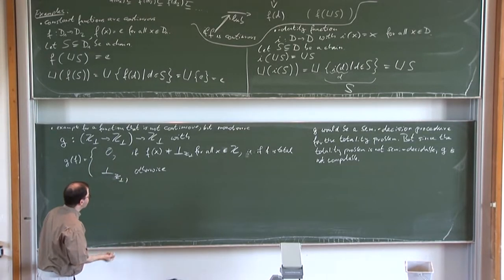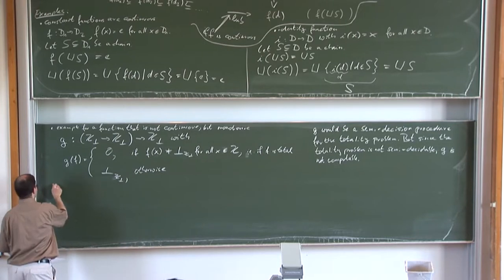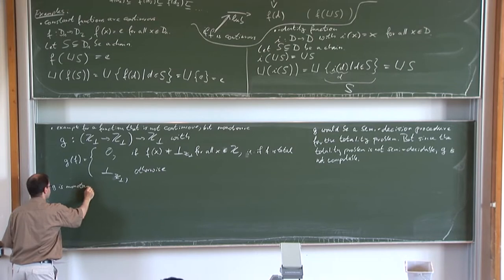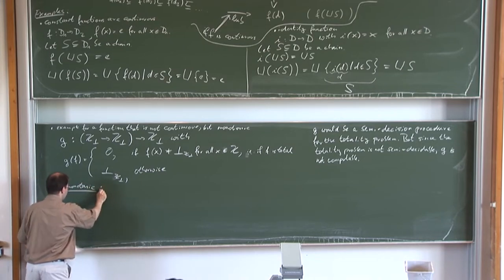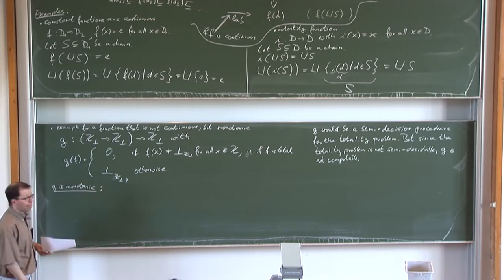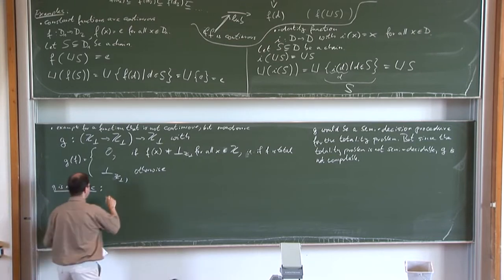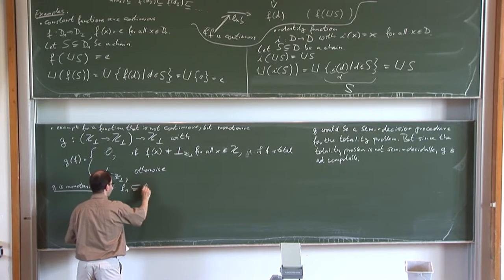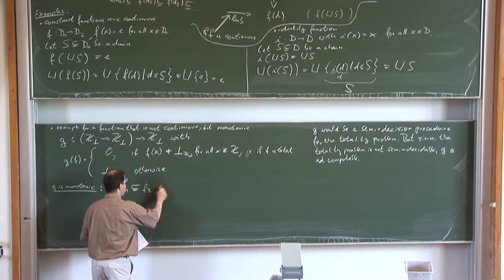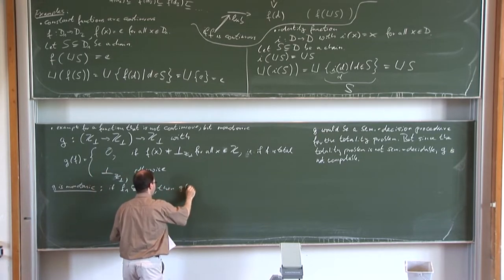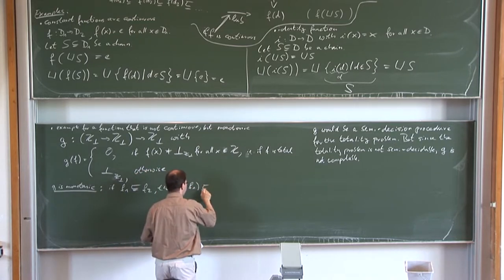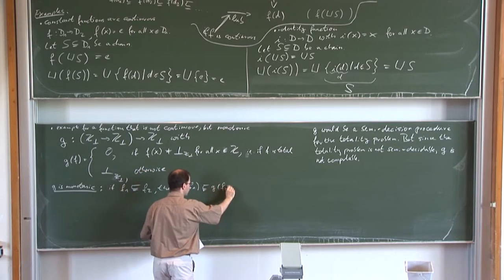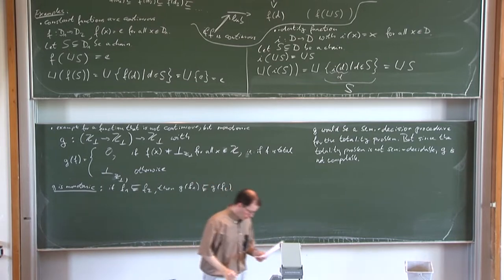Okay, let's first show that it's monotonic. Now, monotonic means if f1 is less defined or equal than f2, then we also have that g of f1 is less defined or equal than g of f2. Now, why is this the case?